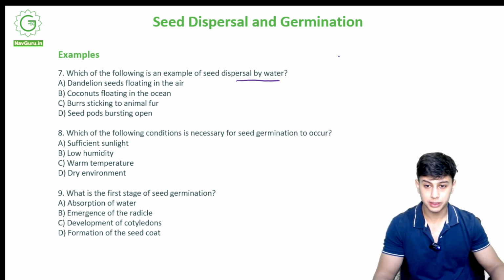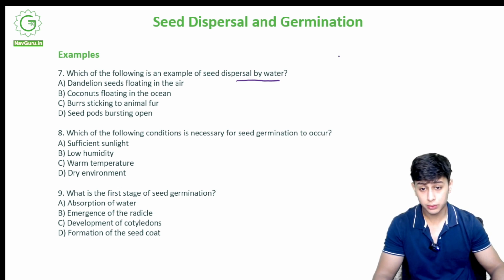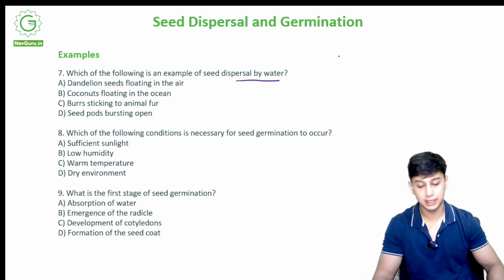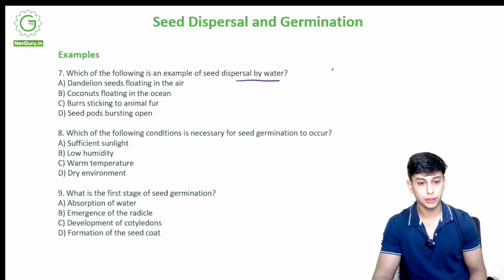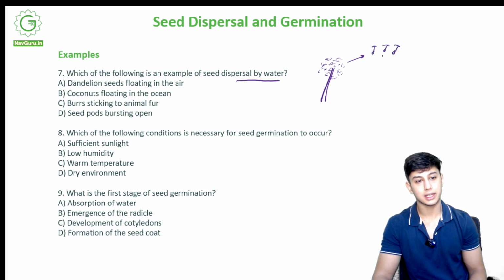So the first option is dandelion seeds floating in the air, not in the water, floating in the air. What were the dandelion seeds? I showed you a plant having a lot of winged seeds like this arranged in the form of a flower, and these seeds will fly away like this. This is a dandelion.